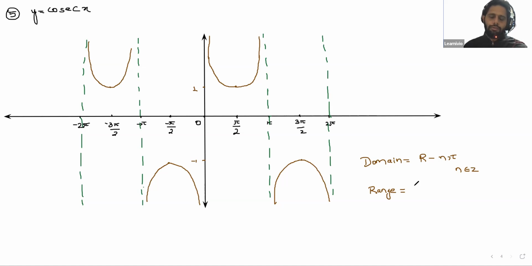So R except this middle part, so we can say from -1 to 1 open interval. Okay, -1 or 1 is a part of the graph, and this portion is not a part of the graph. Is it clear? Yes, sir. Push, is it clear? Yes, sir. Okay. Note on this, confirm me, then we will start the next one.